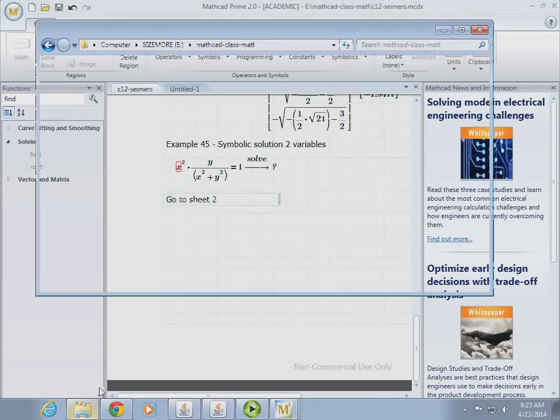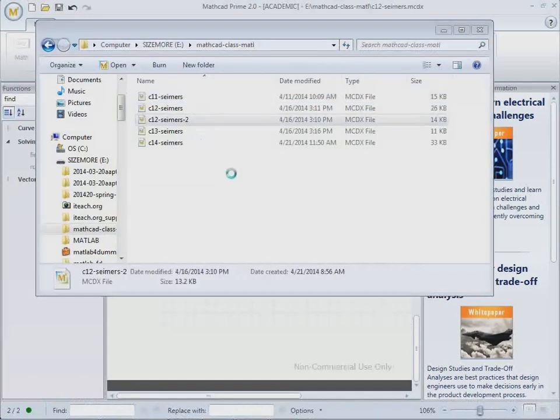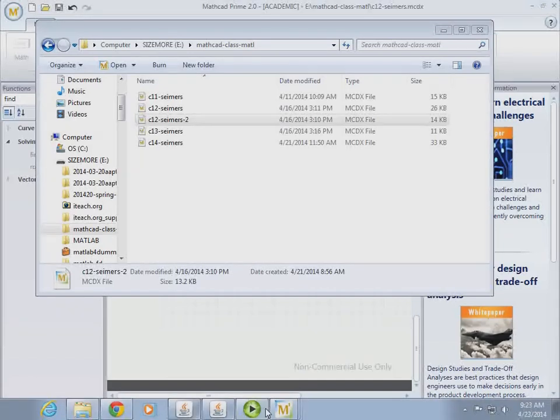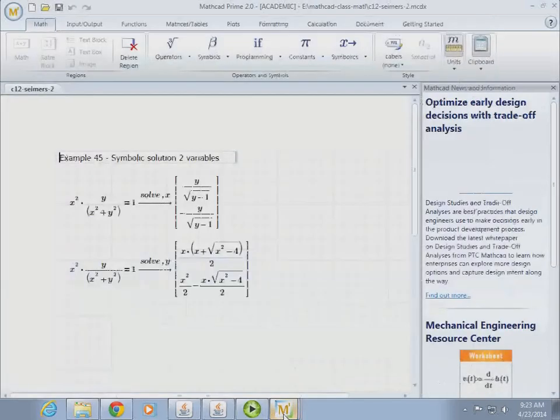So that there's chapter 12, sheet 2. There we go. And it takes a while to open up. I don't understand why. Or I guess it's opening up another instance of Mathcad. You'll notice I have four instances. It's object-oriented. This program's actually running on four different things instead of creating tabs.